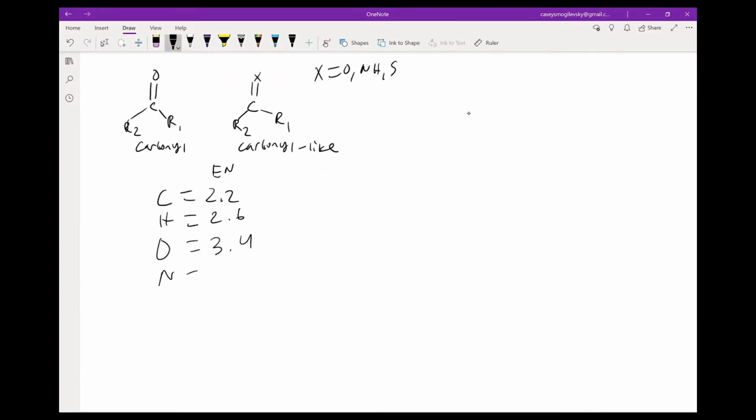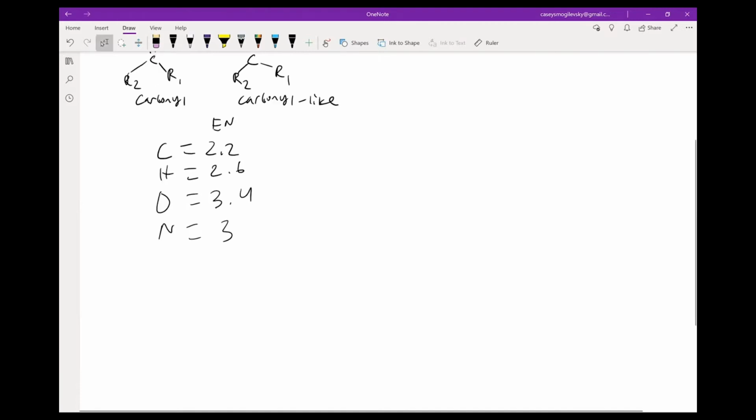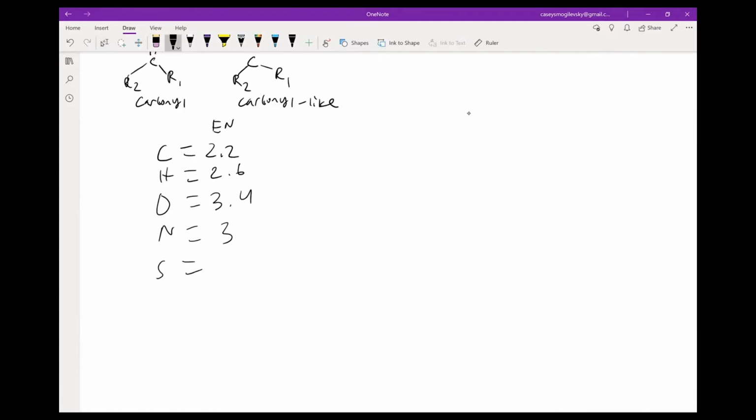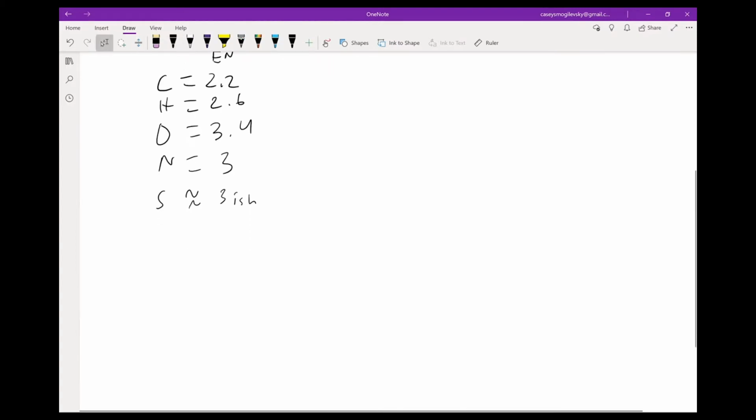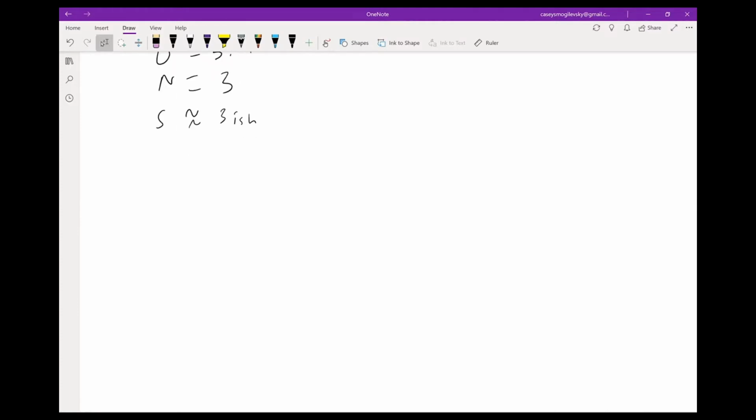Nitrogen is around 3. And sulfur is also around 3-ish. So what this does to these sorts of molecules is that you have a really big electronegativity difference between two atoms that are right next to each other.